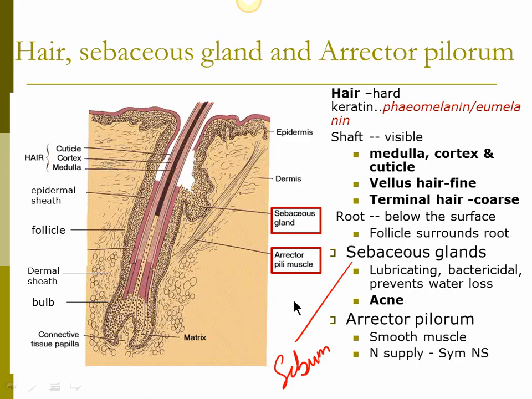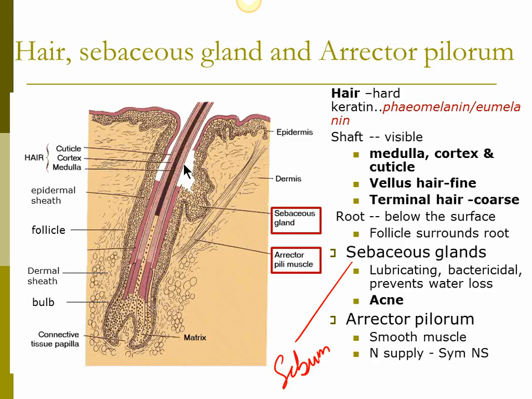Since it's oily, it's poured into the hair follicle and the shaft, and it helps to lubricate. That is why, if you haven't washed your hair for 3-4 days, after some time your hair begins to feel oily, right? Because you haven't removed the oils. And that's good for you because it helps to lubricate.